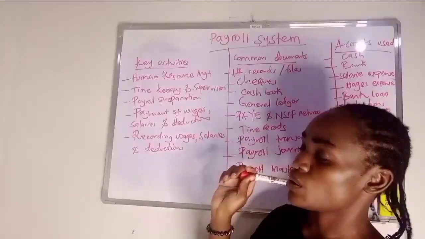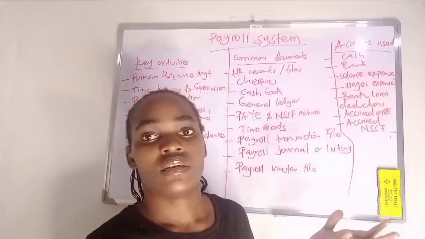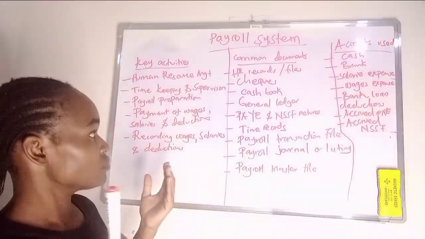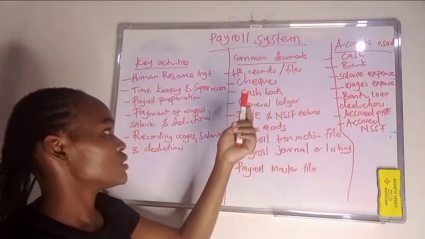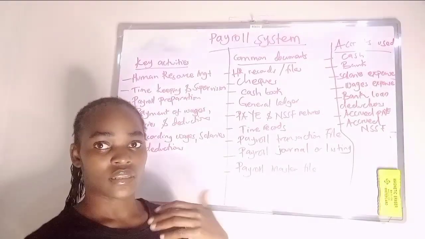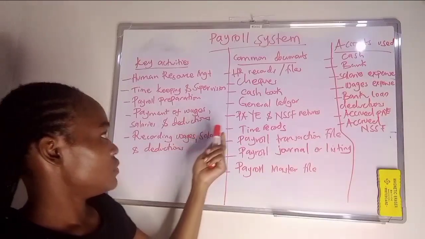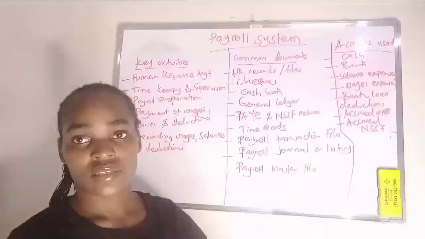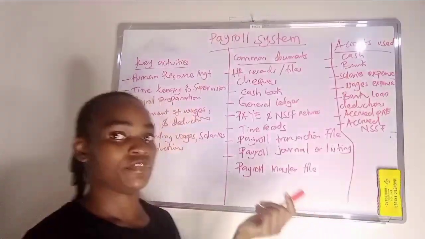Then we go to the common documents. The common documents that are always used in the payroll system. We have the human resource records. These record the names of the employees, when they entered the organization and stuff like that. Then the checks, these are used while paying employees.